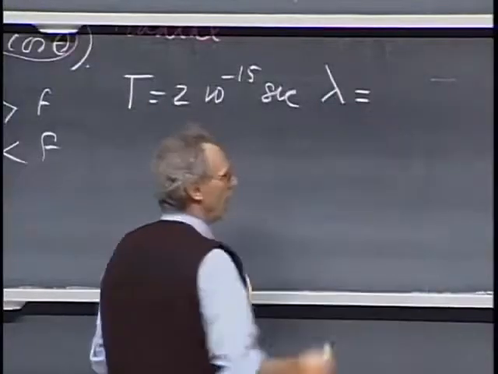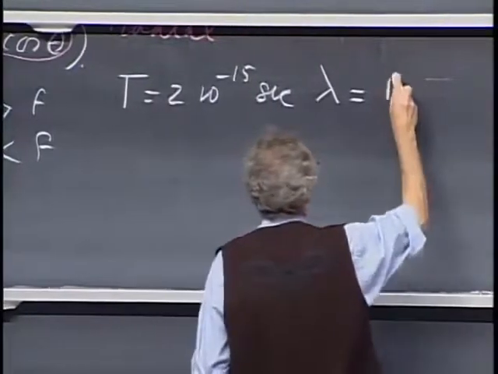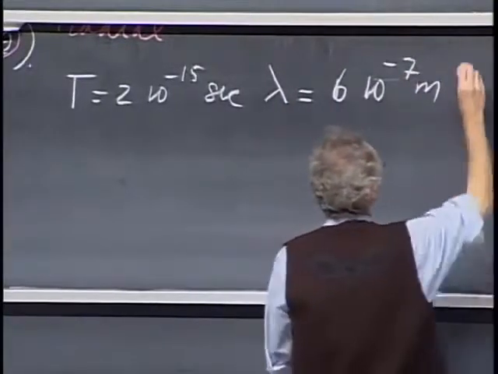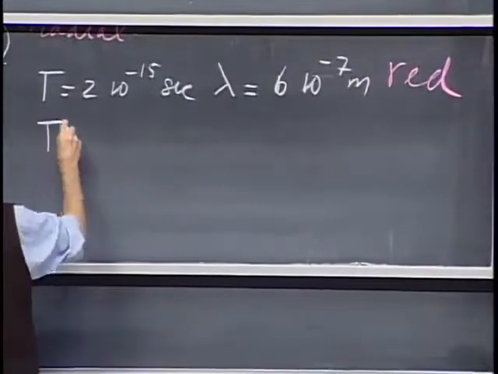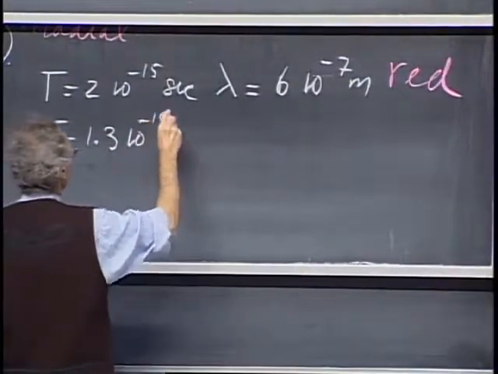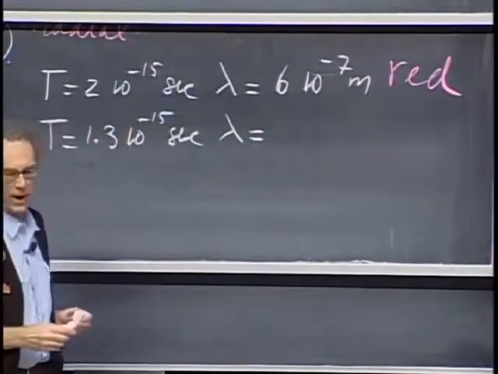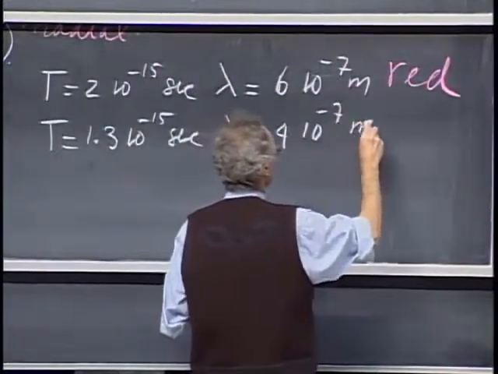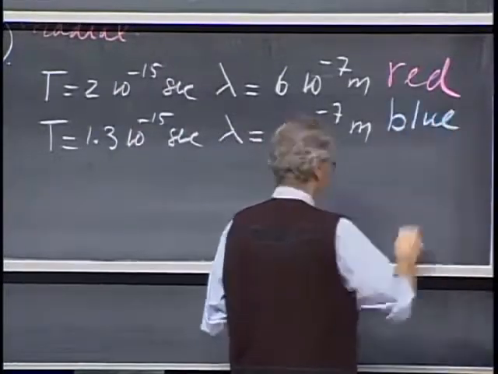That would give me a wavelength of about 6 times 10 to the minus 7 meters, and that you would experience as red light. If I make the period shorter, say 1.3 times 10 to the minus 15 seconds, I get a shorter wavelength. I get 4 times 10 to the minus 7 meters, and you would experience that as blue light.